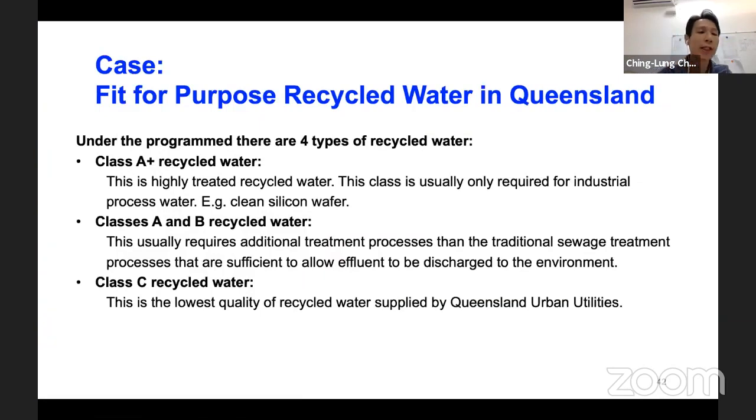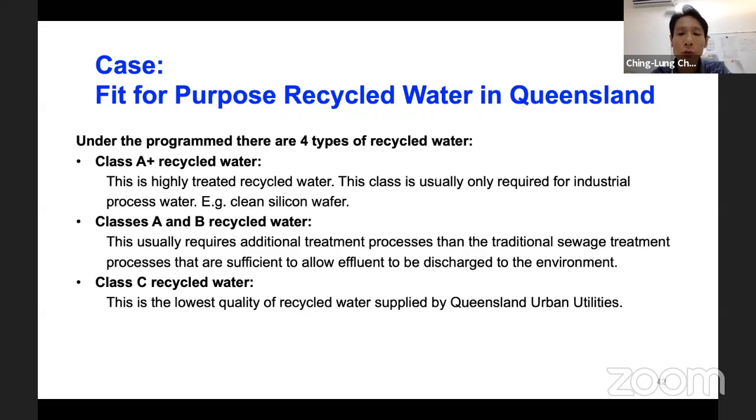Okay, so this is the case for the purpose of recycled water in Queensland, near New York City. Okay, so under the program, there are 4 types of recycled water. The first type is called Class A plus recycled water. This is highly treated recycled water, okay?